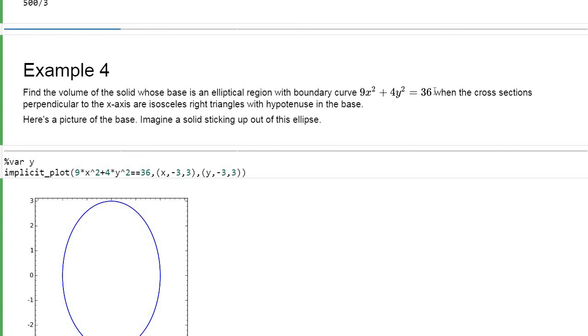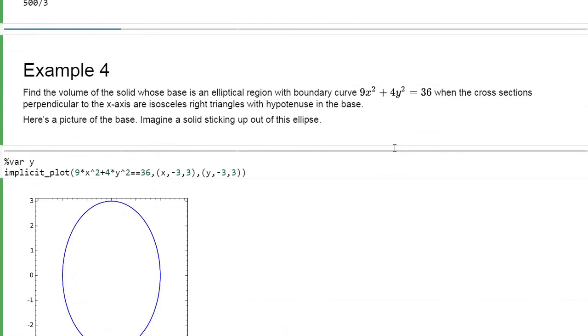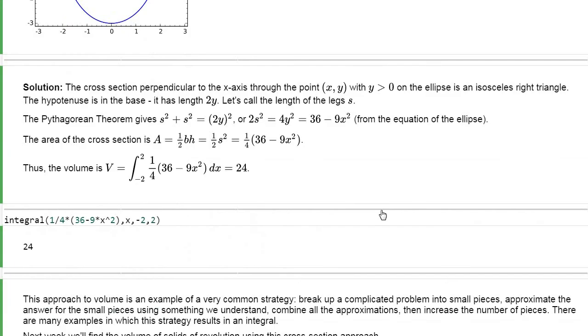Just subtract 9x squared from both sides. We don't even have to solve for y. So 2s squared is that.